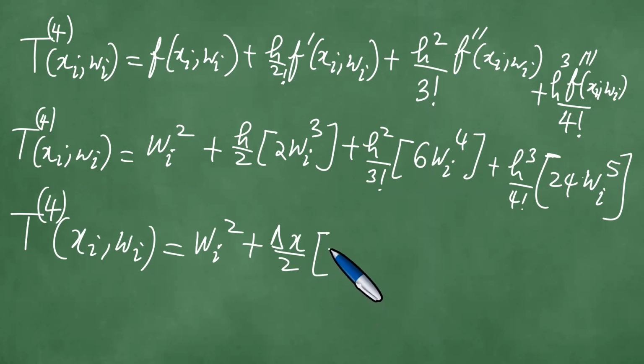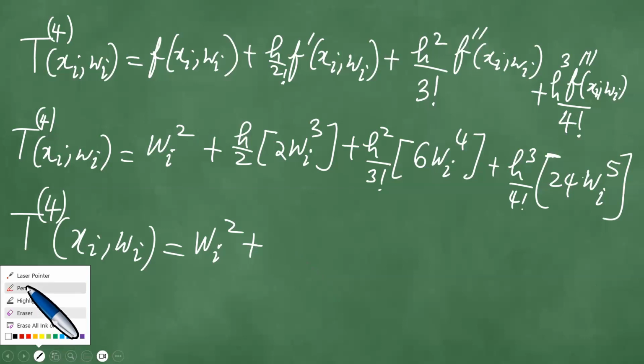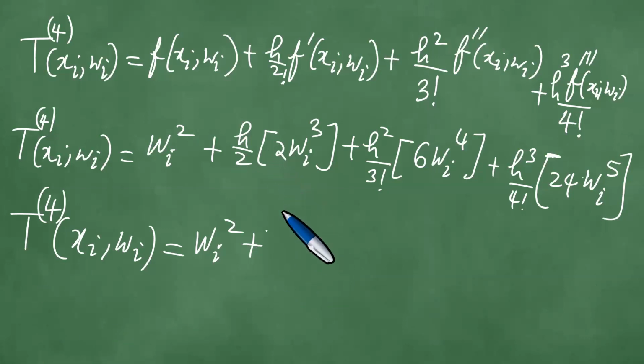Anyway, we can simplify these numbers here. I had not really solved this problem myself, so I'm trying to be very careful to get the correct answer. So 2 divides here, so you can use delta x, wi cubed.